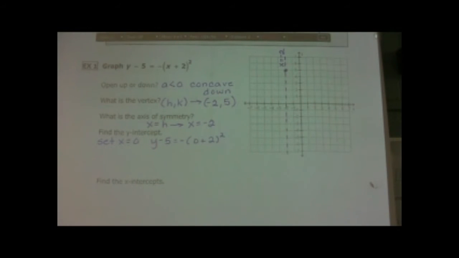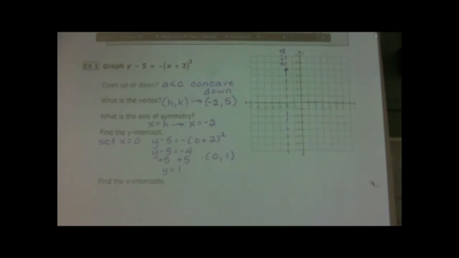Square that, and I get 4. It's got a negative in front of it, so I have y minus 5 equals -4. Add 5 to both sides, and I've got y equals 1. That means my y-intercept is the point (0, 1). And I'm going to graph that.